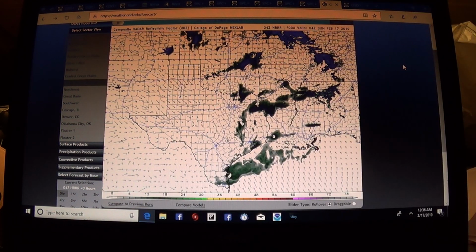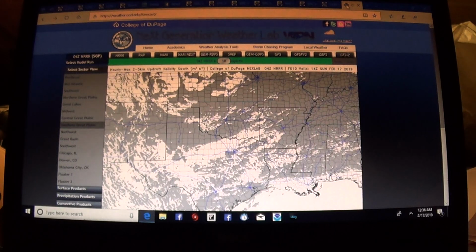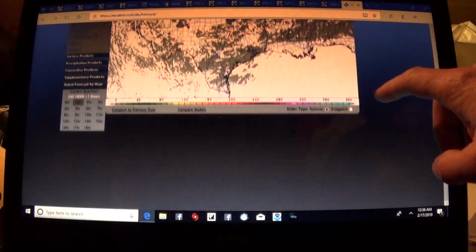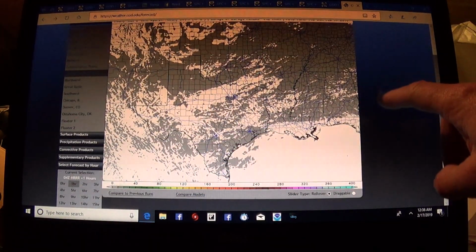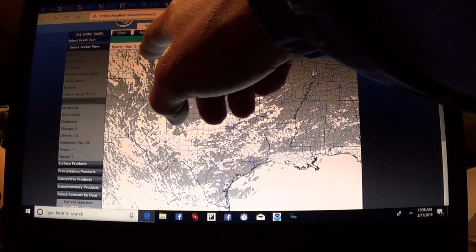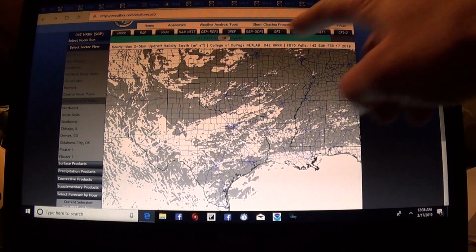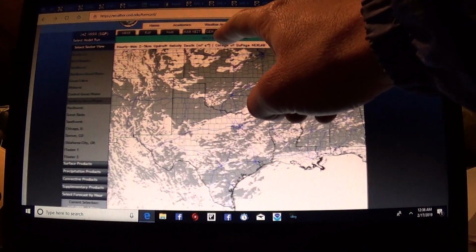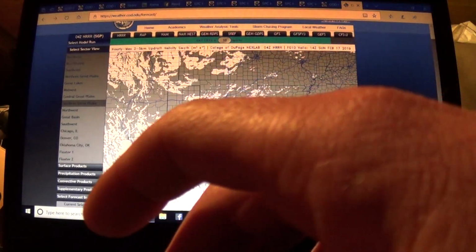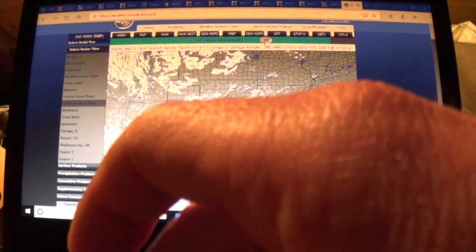Is it going to form a line, or are the cells going to stay a little bit more distinct? And I also look at the updraft helicity swaths. So this would show strength of thunderstorm updrafts, and that's where you normally have tornadoes form.